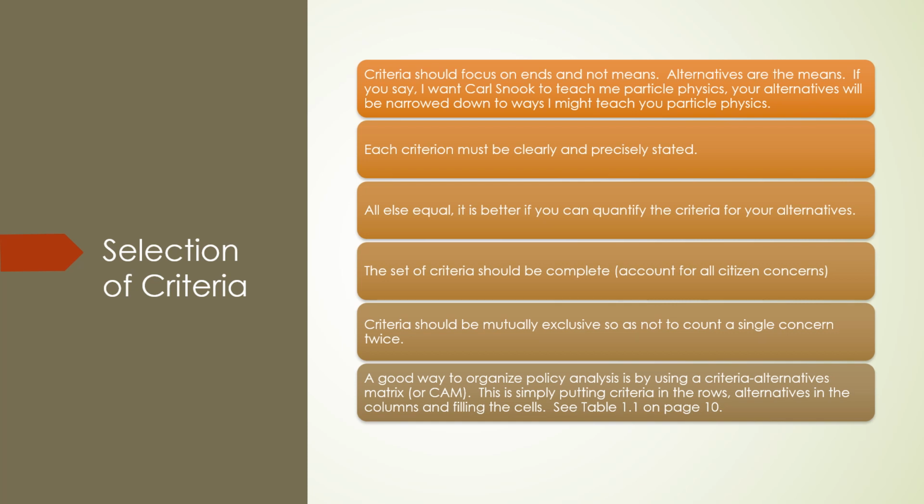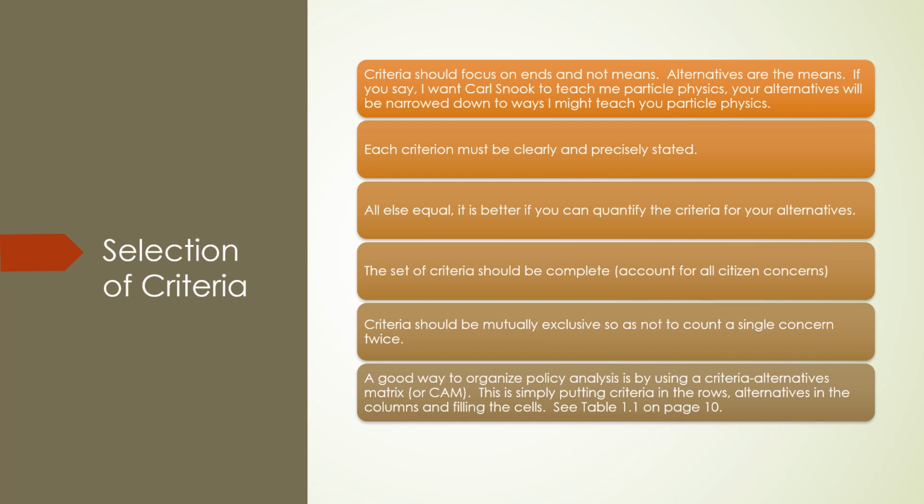A good way to organize policy analysis is by using what's called a criteria alternatives matrix. You actually don't see this on table 1.1 on page 10. I'm sorry about that. But I will be later in the semester posting a criteria alternatives matrix that you might be able to use.